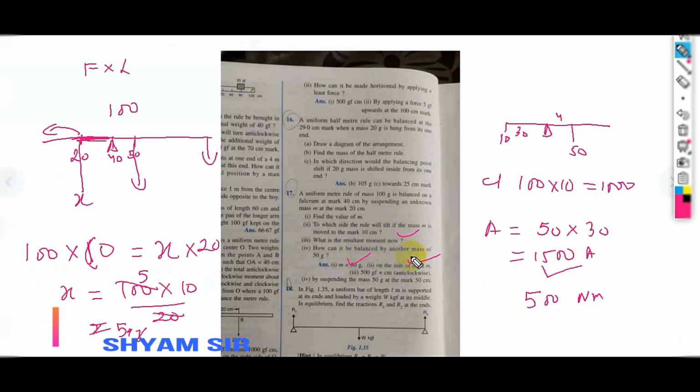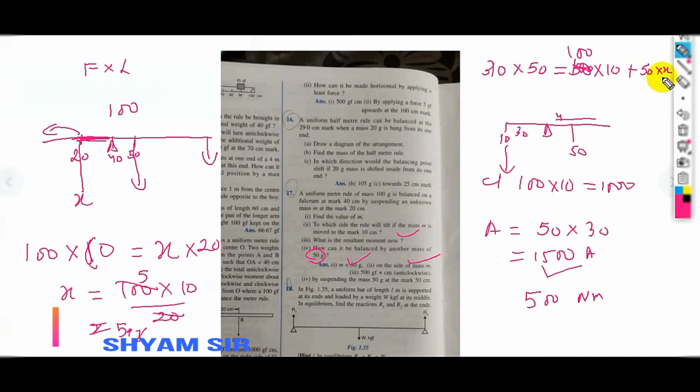How can it be balanced by another weight? You can consider suspending it here. So what do we need to find? At some point we need to suspend a 50 gram weight. So 30 into 50 should be equal to 100 into 10 plus the weight suspended, 50 gram, at x centimeter.